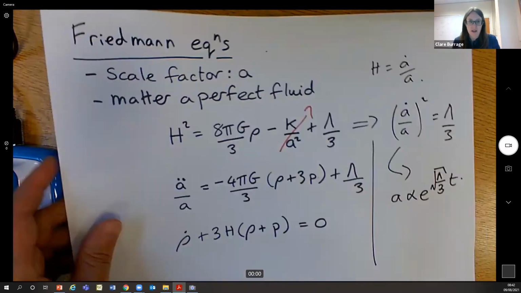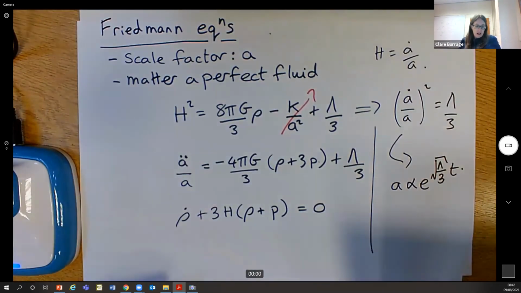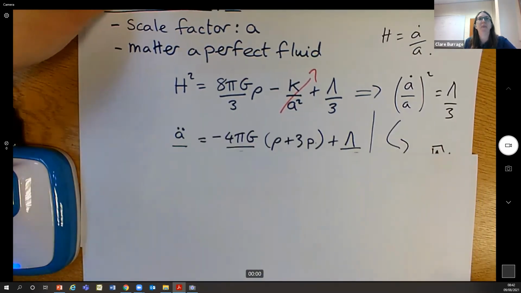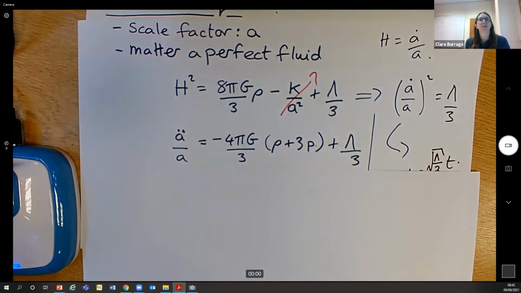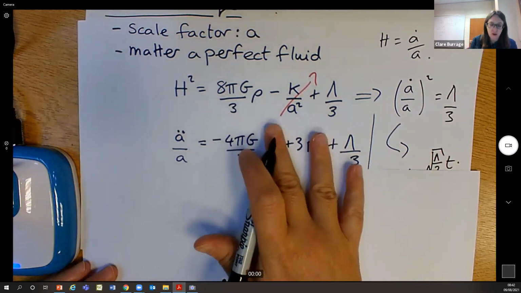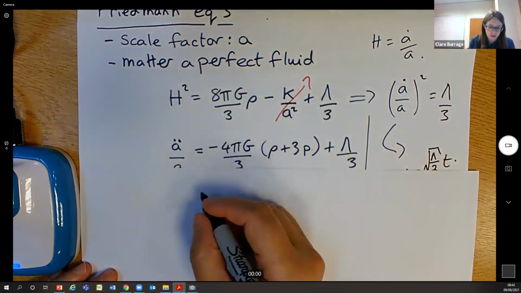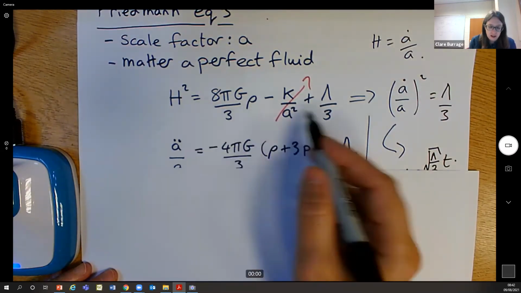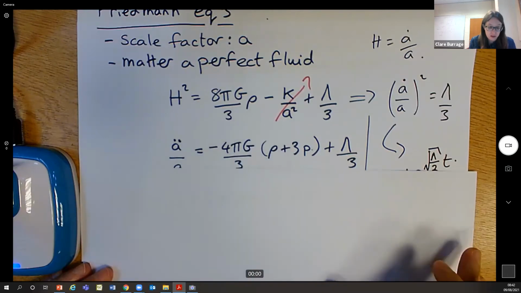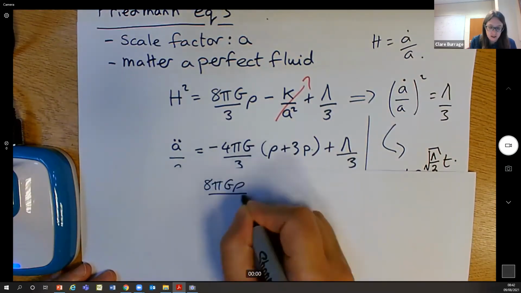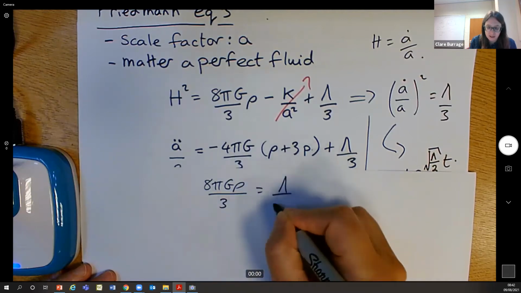So if we were to do that, these are our two equations. We want to ask, what does it take for matter to mimic a cosmological constant? If we want to reproduce all of the effects of lambda, then we have to have that 8 pi G rho over 3 is equal to lambda over 3.